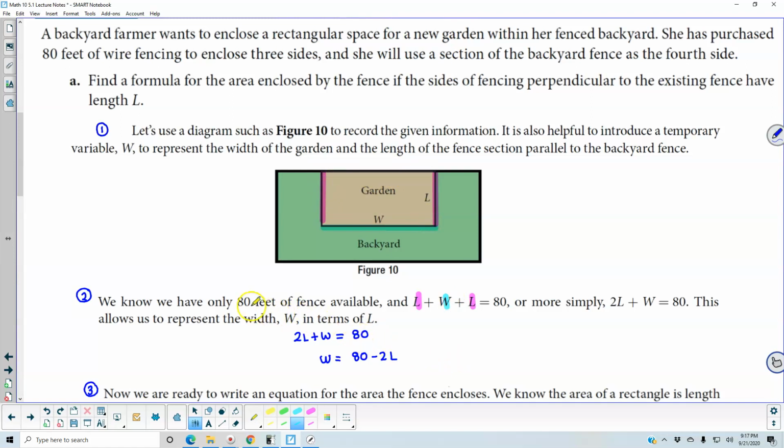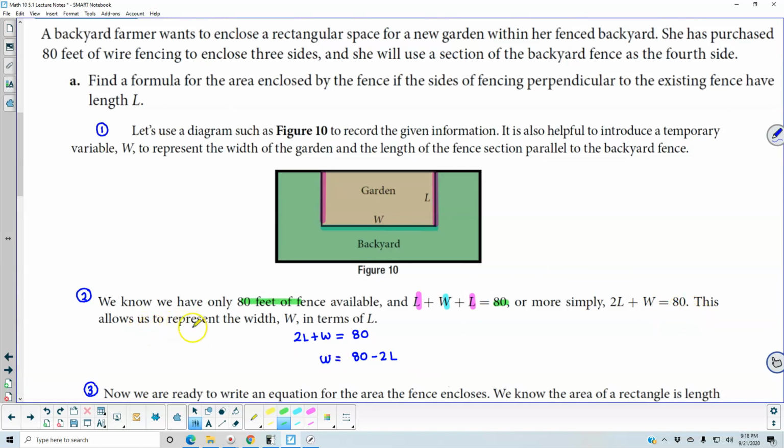And we know that we have a total of 80 feet of fence. So that means we have only 80 feet of fence available. So the formula would be length plus the width plus the length, which is equal to 80. Or we can simplify this a little further. Since we have 2 L's, we can say this is 2 times the length plus the width, which is equal to 80.